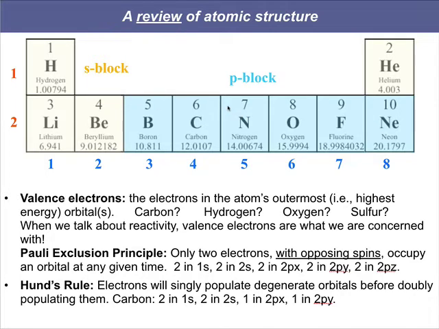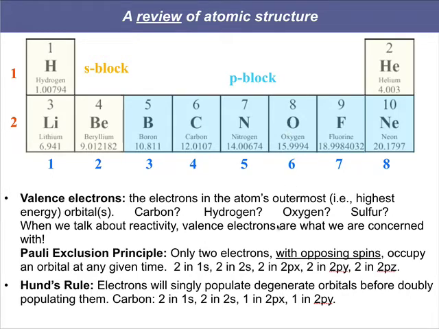Okay, so I'm using this term a lot, but valence electrons, remember, means the electrons in the outermost or highest energy orbital. Okay, so carbon, again, would have 4 valence electrons. Hydrogen would have 1 because it's in column 1. Oxygen would have 6 because it's in column 6. Sulfur, right below oxygen, would also have 6, okay, because it's in the same column.